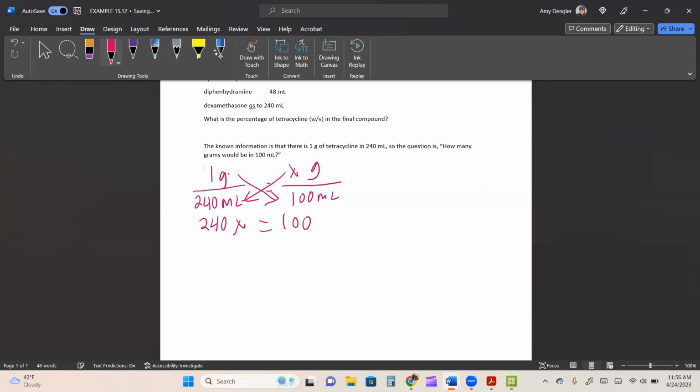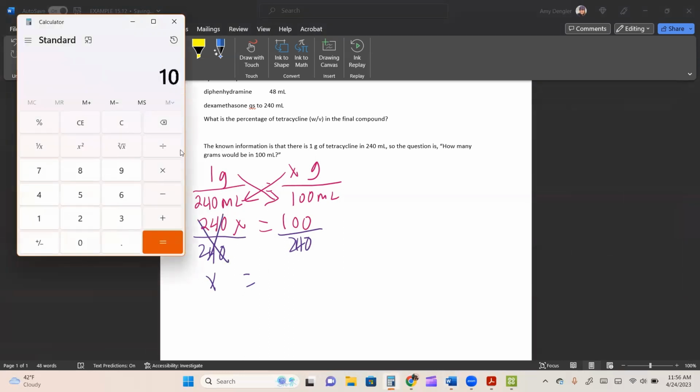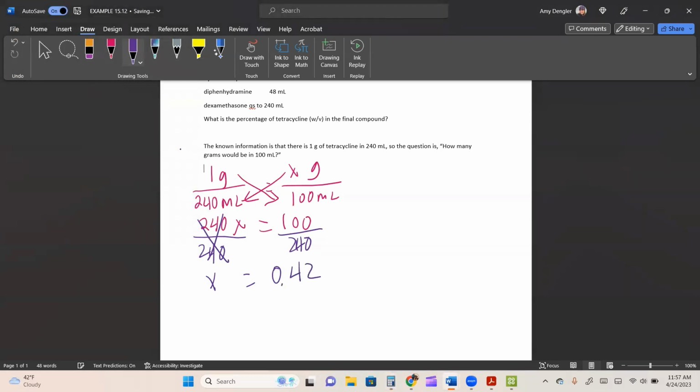Now we want to get x alone, so we need to divide each side by 240. So here we just have x. And then if we do 100 divided by 240, we get 0.416, which they have rounded up to 0.42, which is 0.42% because it's over 100.